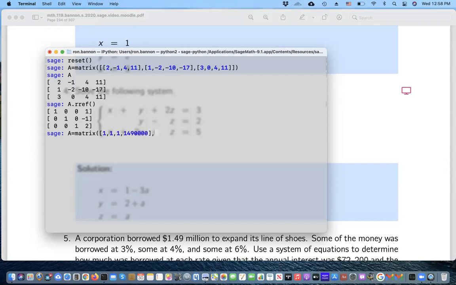Okay. What's the next row going to be? Well, I'm going to put down 0.03, 0.04, 0.06, and that was equal to what? 72.2, right?